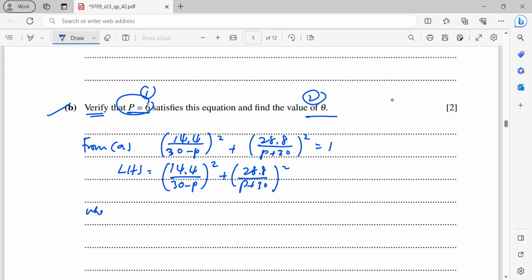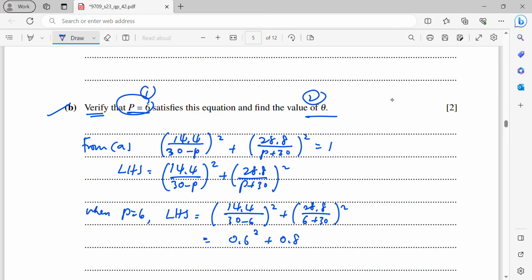So when P equals 6, my left hand side will be 14.4 over 30 minus 6, squared, plus 28.8 over 6 plus 30, then squared. From here the first term is 0.6 squared, then plus the second term it will be 0.8 squared.